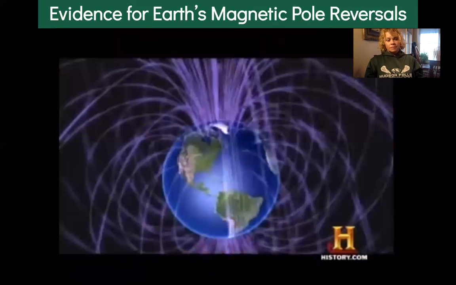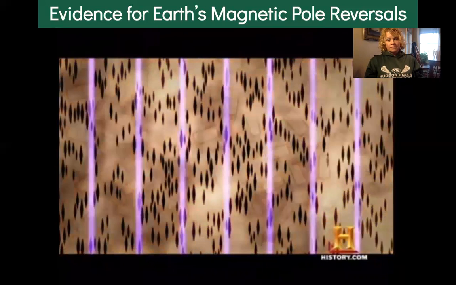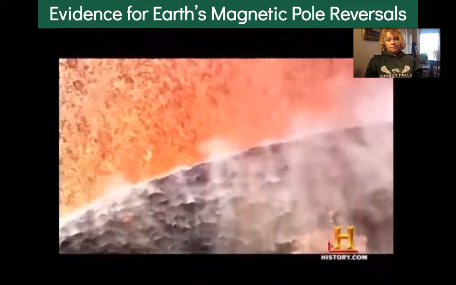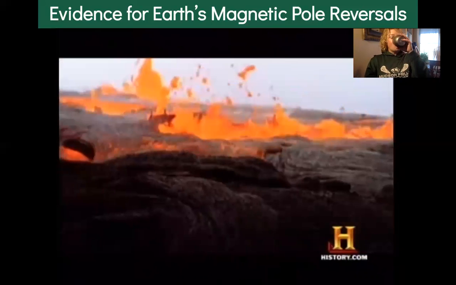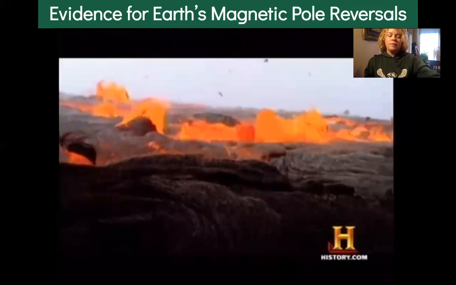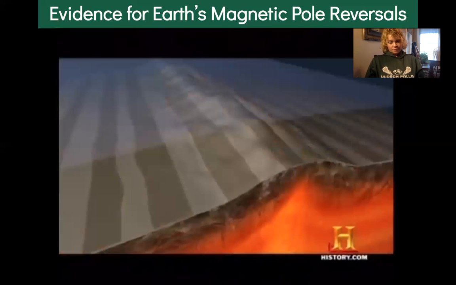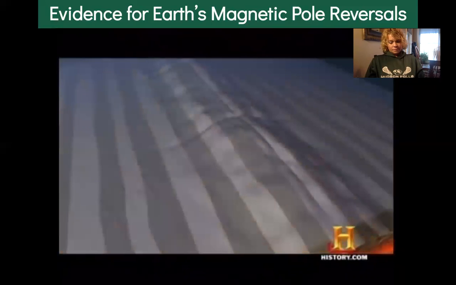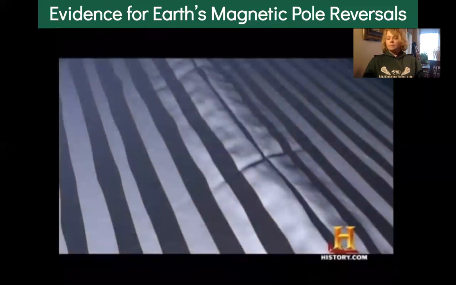As the magma cools, the minerals are locked in position. Rocks act as a permanent record of the magnetic pole's location when the rocks were formed. As more and more magma is forced up, the old crust is pushed away from the ridge and records the reversals in the Earth's magnetic polarity.